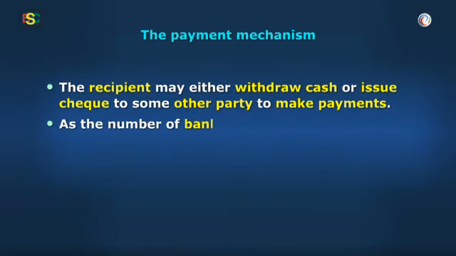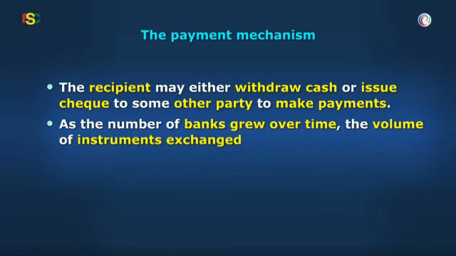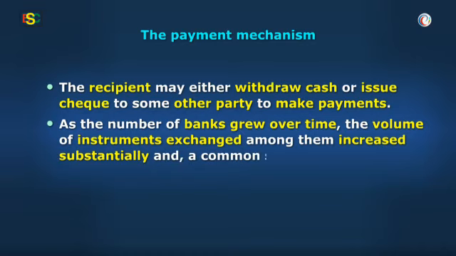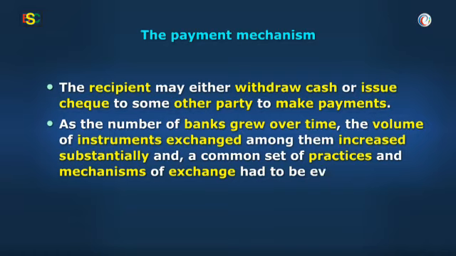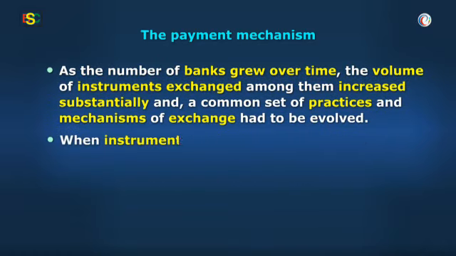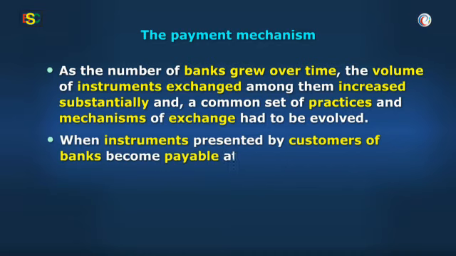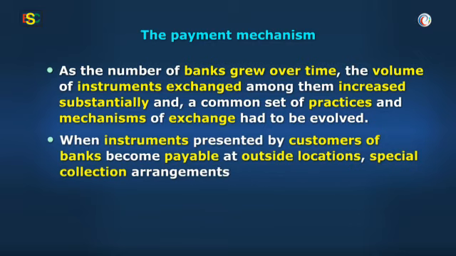As the number of banks grew over time, the volume of instruments exchanged among them increased substantially, and a common set of practices and mechanisms of exchange had to be evolved. When instruments presented by customers of banks become payable at outside locations, special collection arrangements are required to collect the funds.